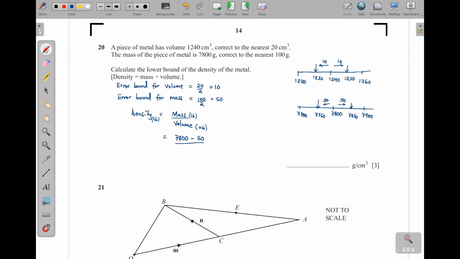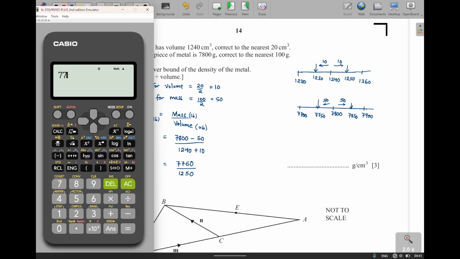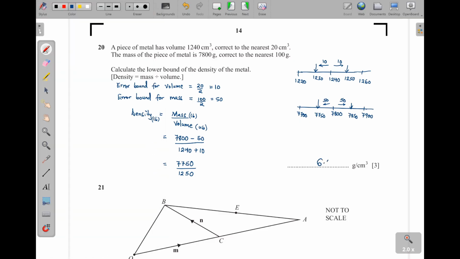And then we go to the volume. That is 1240. It has to be the upper bound, so we add the 10. So meaning we shall have 7750 divided by 1250. So what is the answer here? 7750 divided by 1250, and that is 6.2.